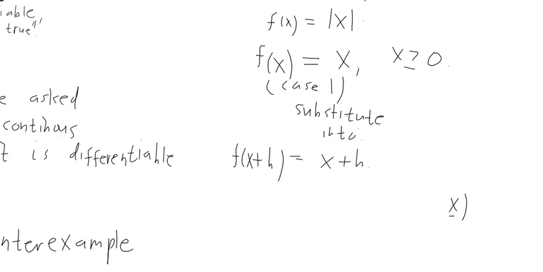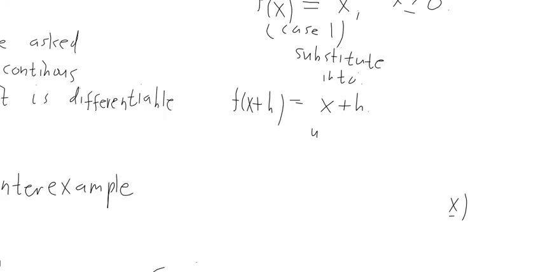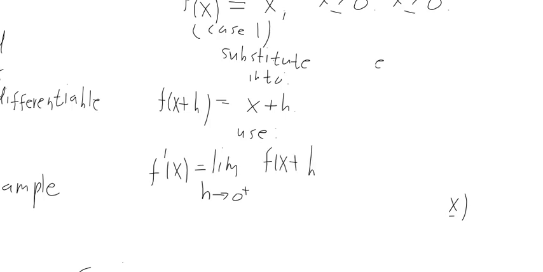So now we have f of x and f of x plus h. Now we use our formula for the derivative, which states that f prime of x is equal to the limit as h approaches 0 from the right of f of x plus h minus f of x, all over h.